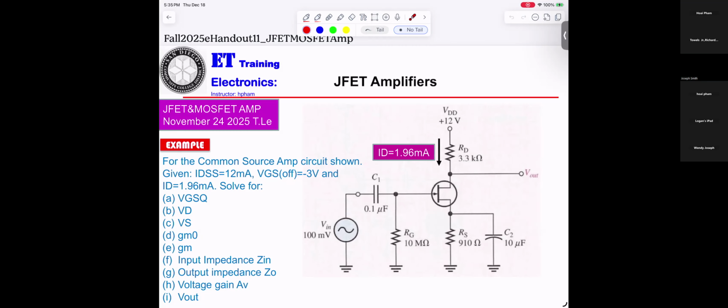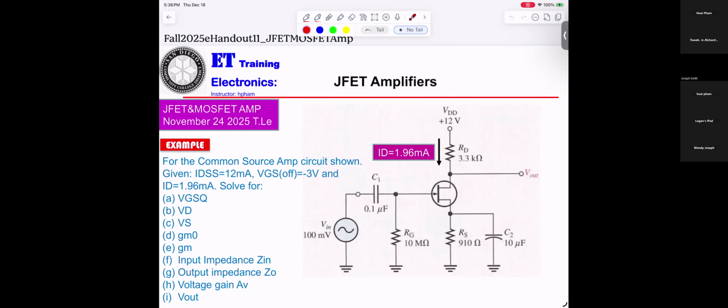Oh, Mr. Smith, yeah, go ahead. What type of bias is this circuit? Self-bias. What?